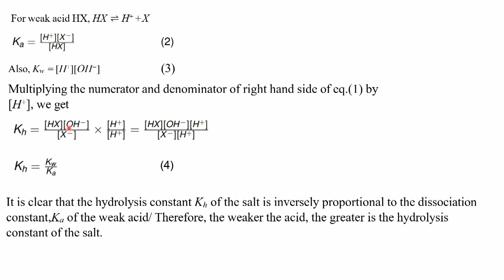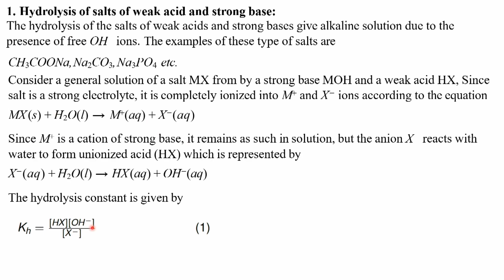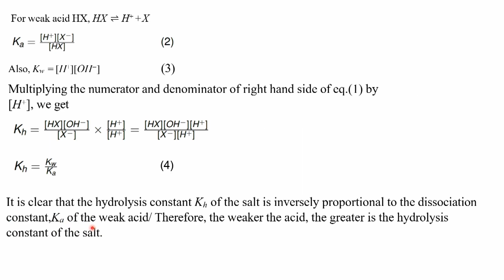So multiplying the numerator and denominator of the right hand side of equation 1 by concentration of H plus, we get this expression. So we are multiplying equation 1 with concentration of H plus and dividing by concentration of H plus.